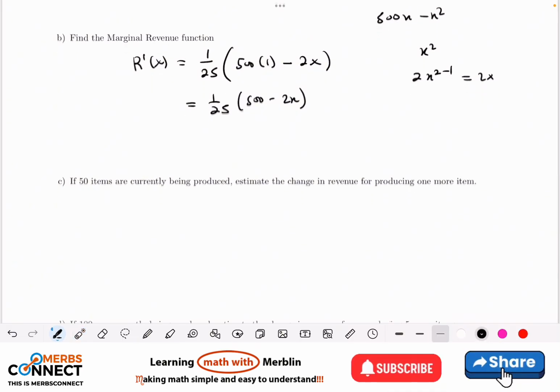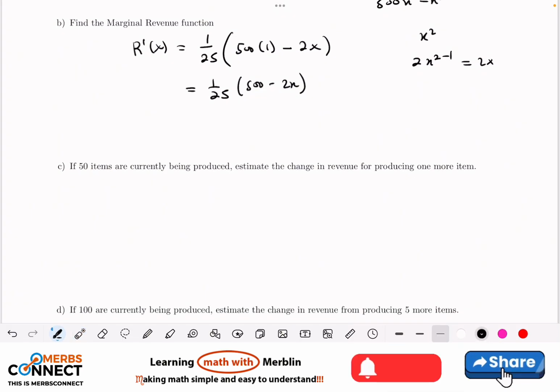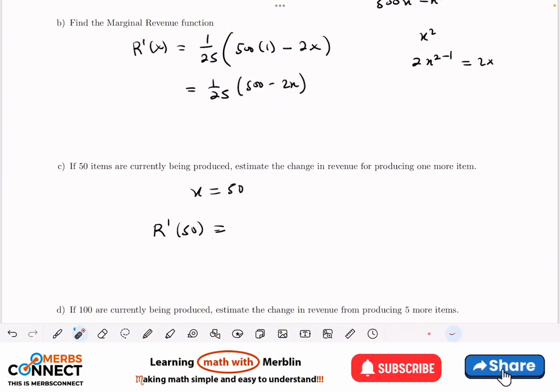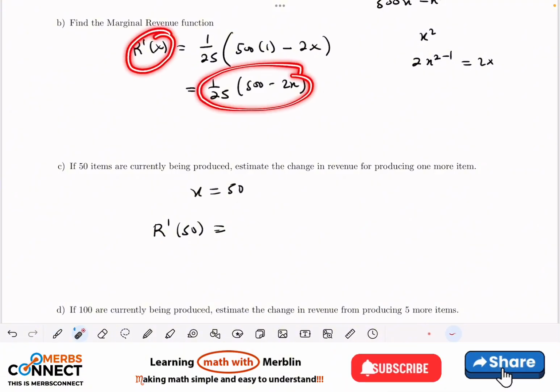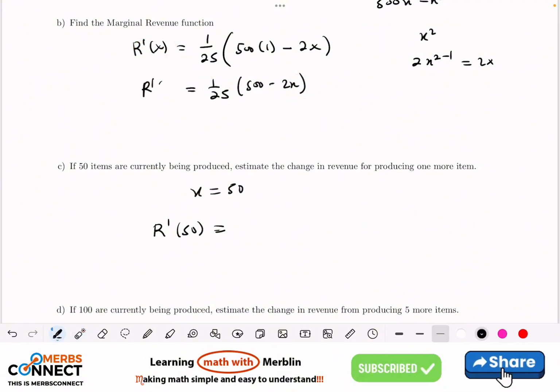So here we are going to use x is equal to 50, and we are going to plug this inside our marginal revenue function, which is r prime of 50. So let me write this here, r prime of 50. x is 50, so I'm plugging in x.